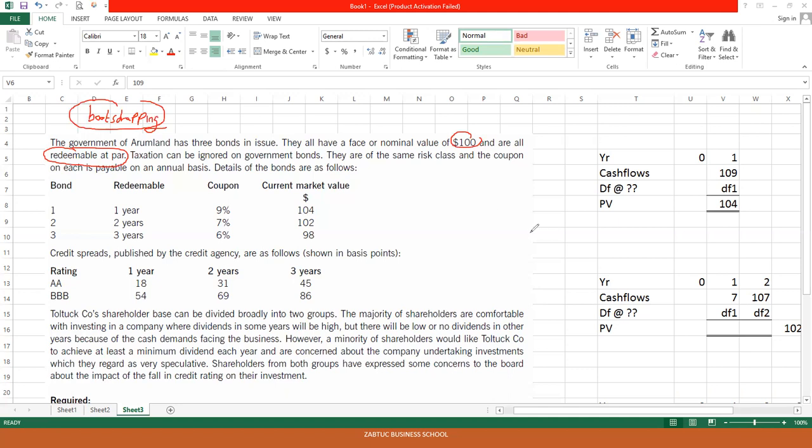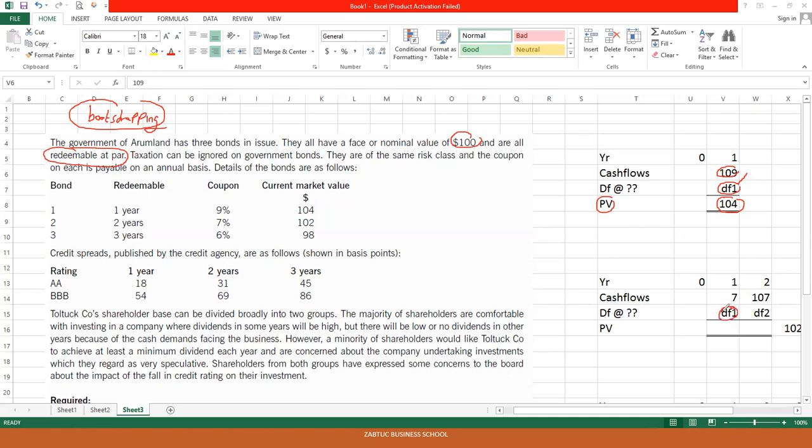If we know the cash flow, if we know the market value, if we know the present value, we know the cash flow involved, we can work out the discount factor. After working out the discount factor, you can find the discount rate. And the value, we're going to use it here.